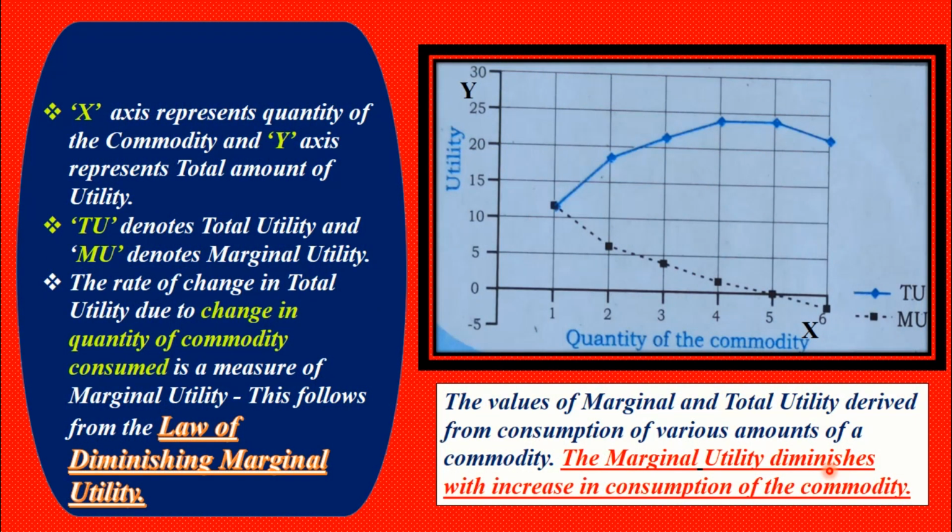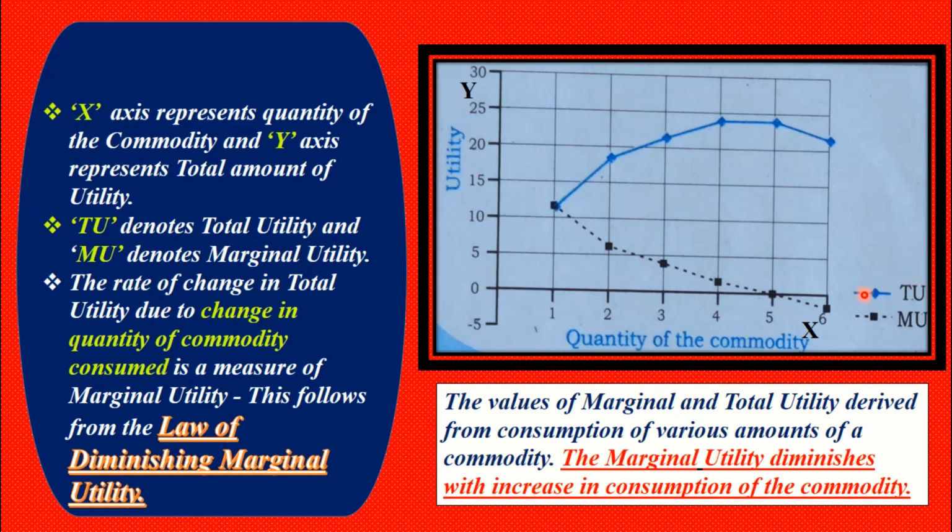Now we focus on the graphical representation of the given table. It shows the marginal utility diminishes with increase in consumption of the commodity. Here, x-axis represents quantity of the commodity and y-axis represents total amount of utility.